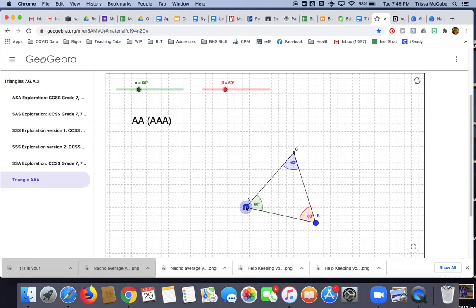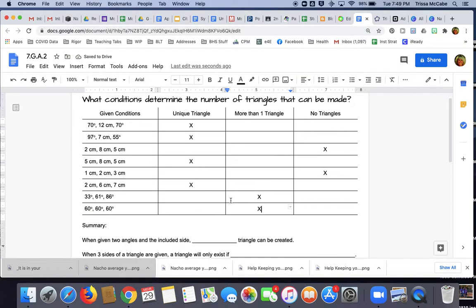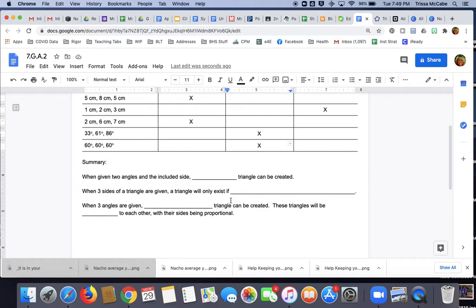It's just different sizes. So let's go over here, 60 degree, 60 degree, and 60 degree angle. Again, I'm going to be able to get more than one triangle. So let's go down here where the summary is.